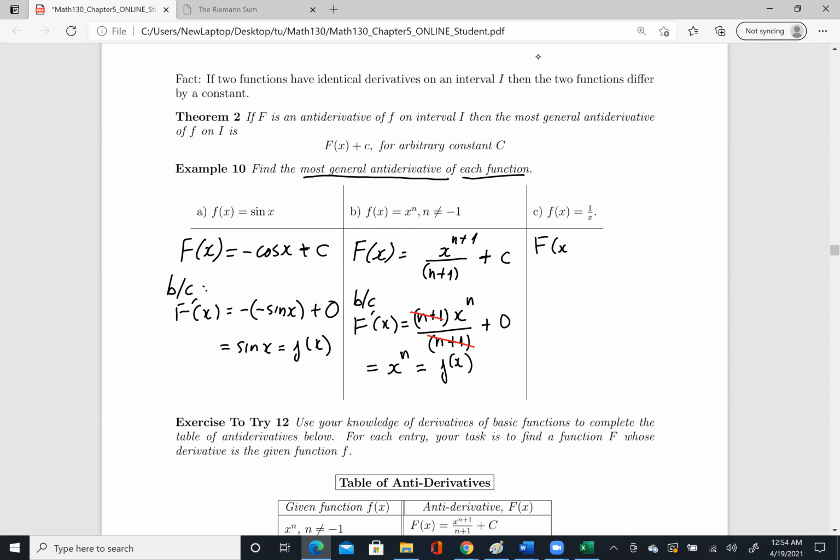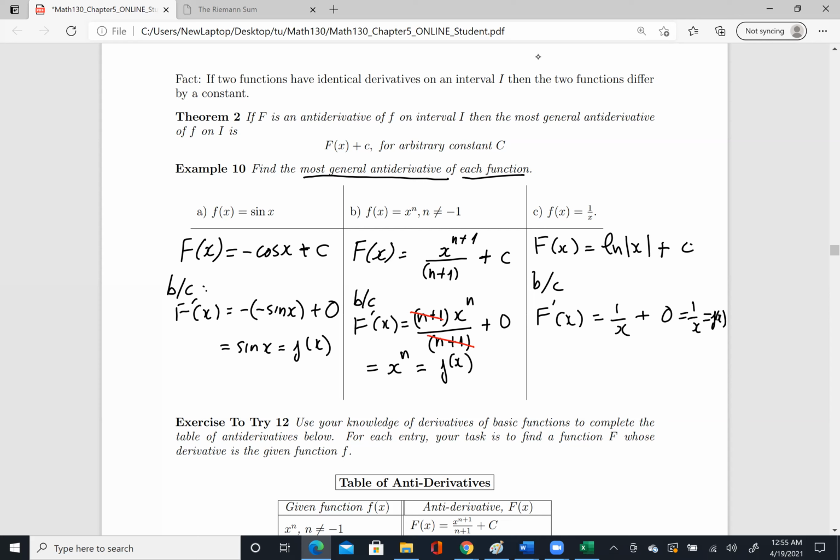So the antiderivative of this will be ln of the absolute value of x, plus a constant C. Because when you take the derivative of that, you will get 1 over x plus 0, which equals 1 over x, which equals f(x).